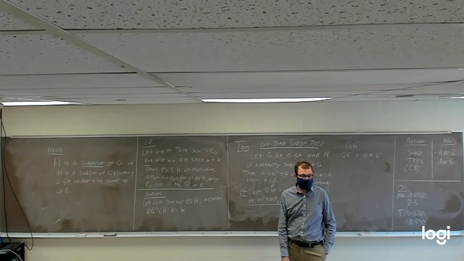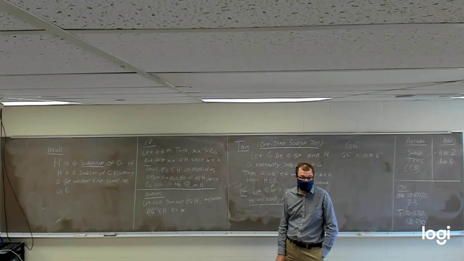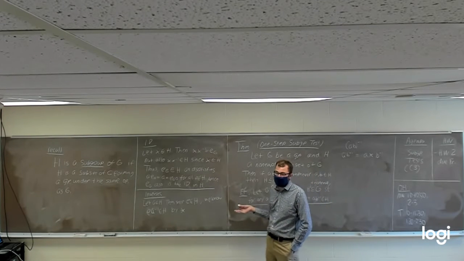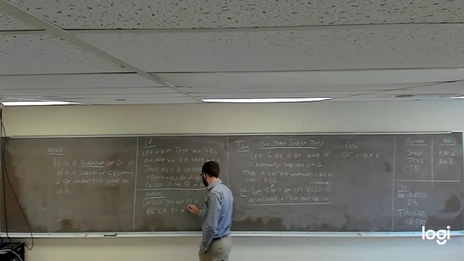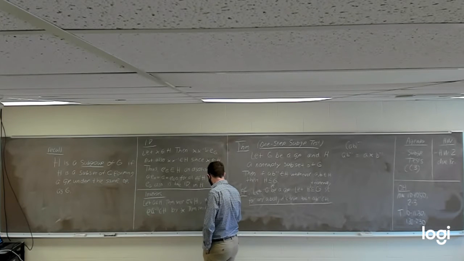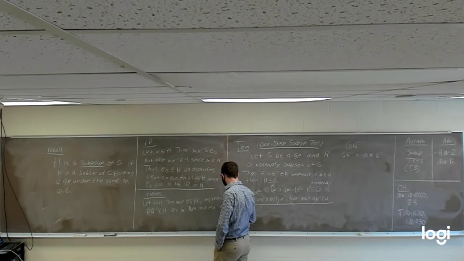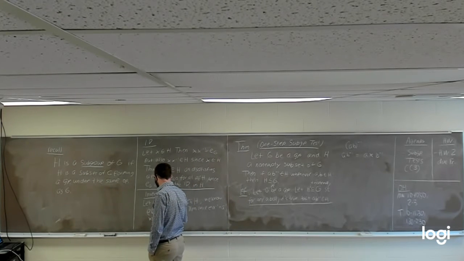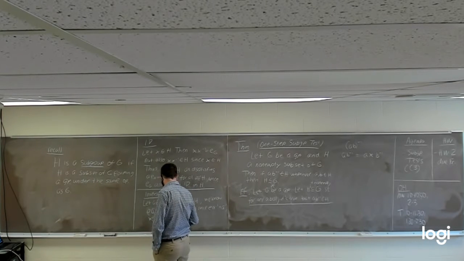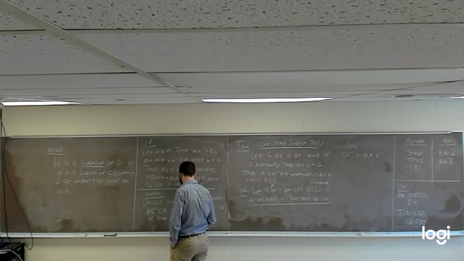But what else do we know about E times A inverse? What is that going to be equal to? A inverse. Yeah, E is the identity element, so E times A inverse is just going to be A inverse. Then since E times A inverse is equal to A inverse, we know A inverse is in H as well.